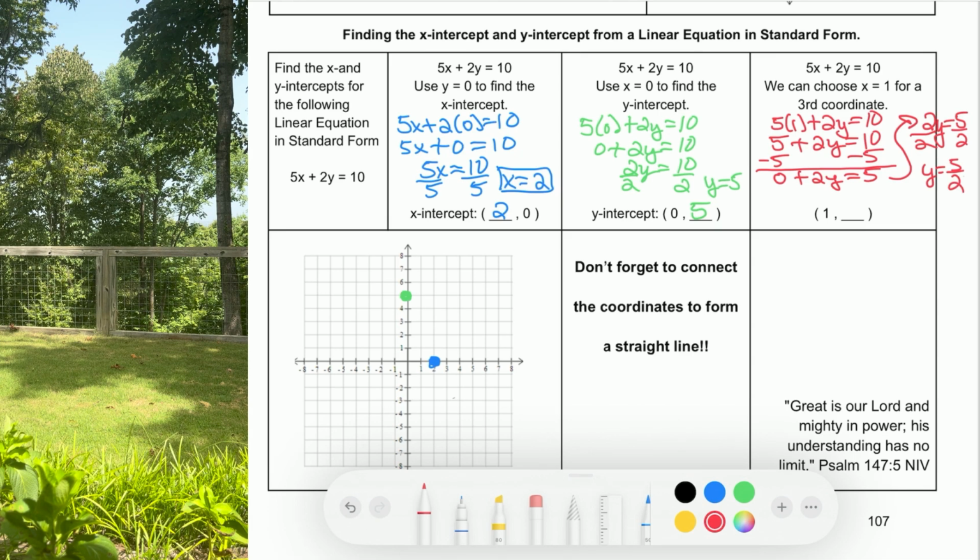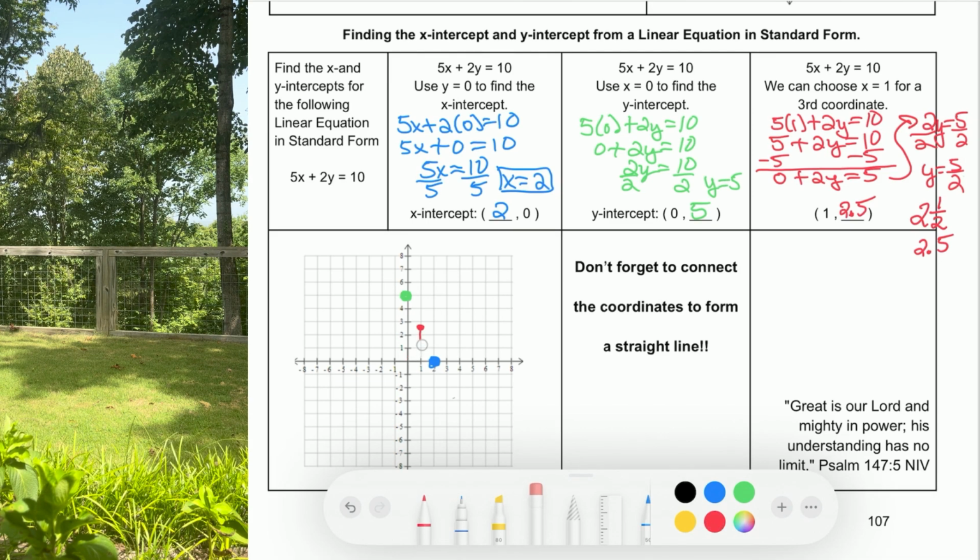You say, well, that's a fraction. How do I plot that? Well, if I turn it into a mixed number, then it's a little bit easier. So 5 divided by 2. 2 goes into 5 2 whole times, and I have 1 left over. So I have 2 and 1/2, or that's the same as 2.5, remember? So I can plot 2.5. I'm going to go over 1 and then up to 2.5.